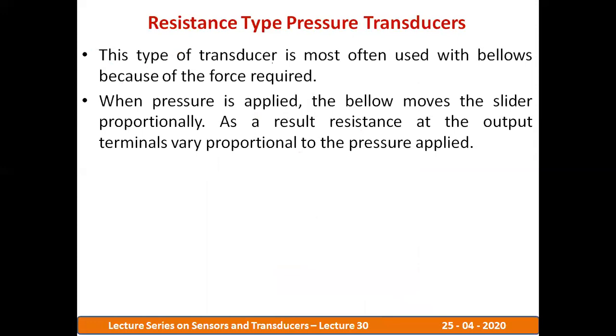This type of transducer is most often used with bellows because of the force required. So pressure is converted into force, and that force is applied on the moving contact with the help of the bellow. Correct.